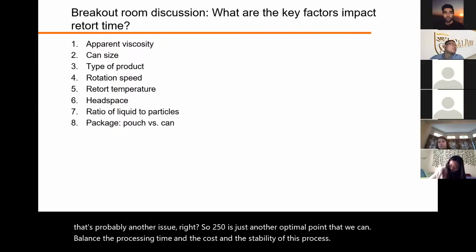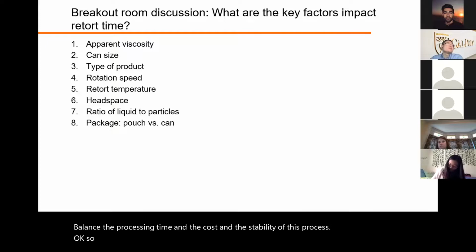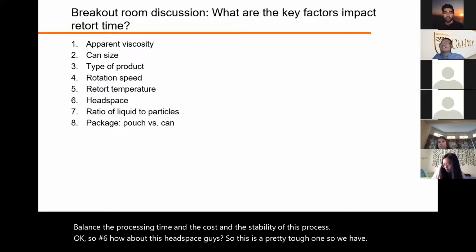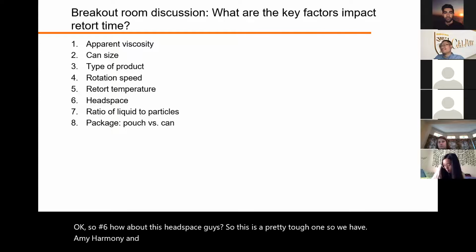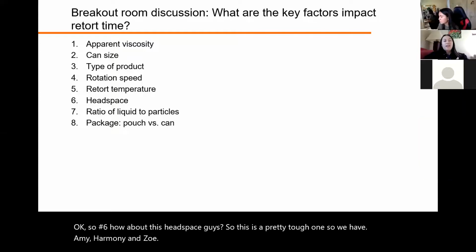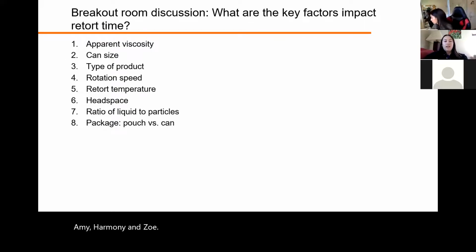Okay, so number 6, how about headspace, guys? This is a pretty tough one. We have Amy, Harmony, and Zoe. Yeah, so we talked about what headspace is and why it's necessary, mainly to make sure that there's a good seal in the can, and also making sure that no oxidation occurs.